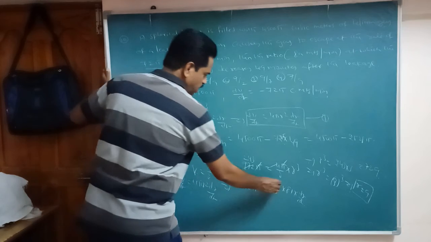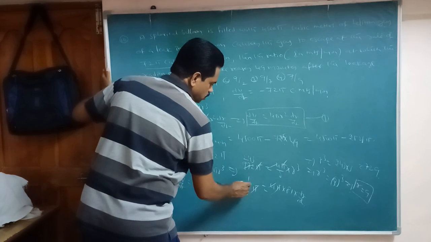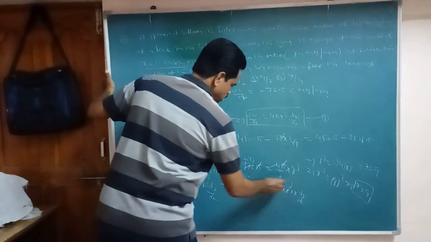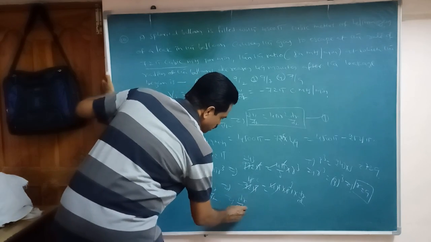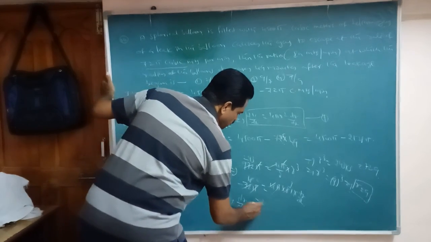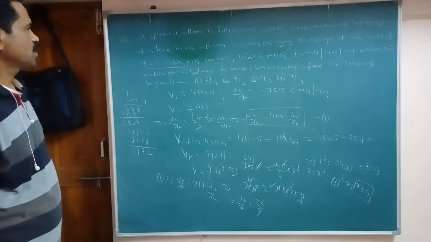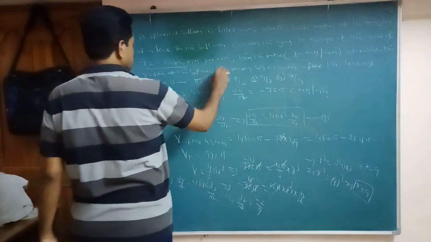So here pi cancel. 9 times 2 here. So dr by dt equal to minus 2 by 9. It decreases. So the answer is 2 by 9. First option.